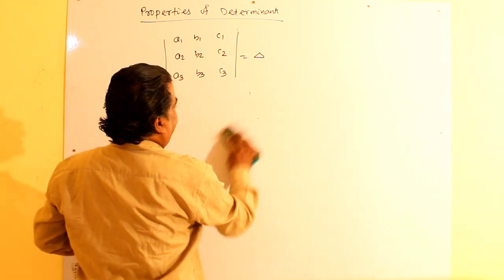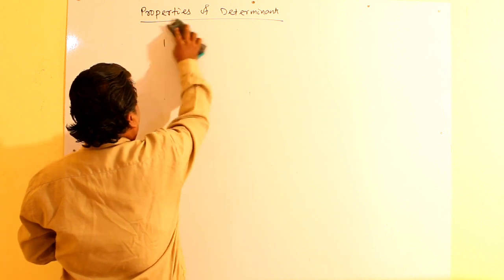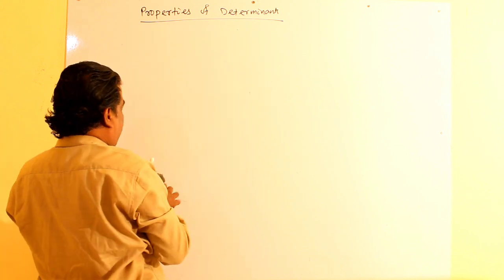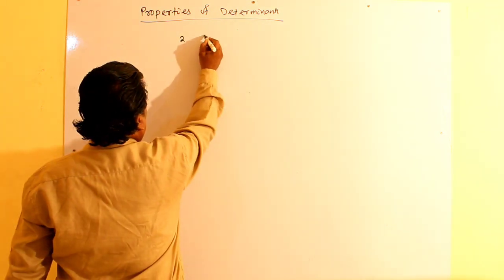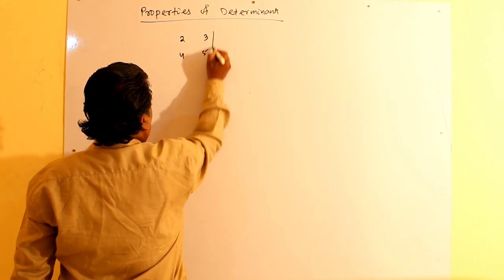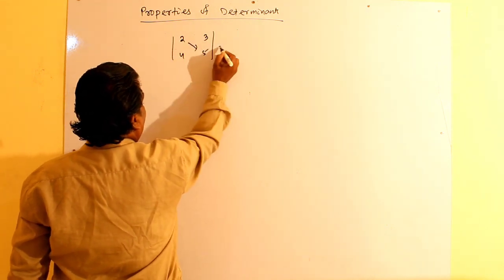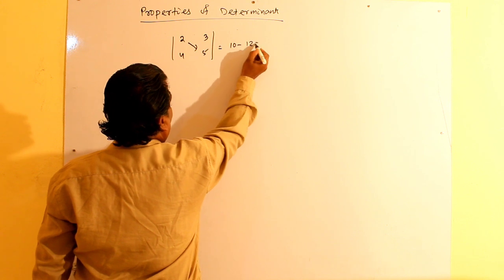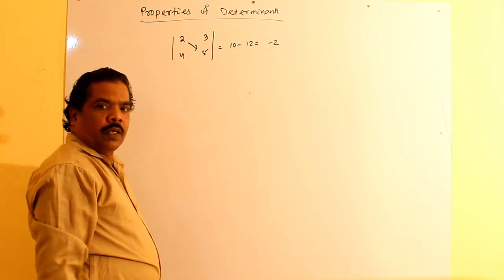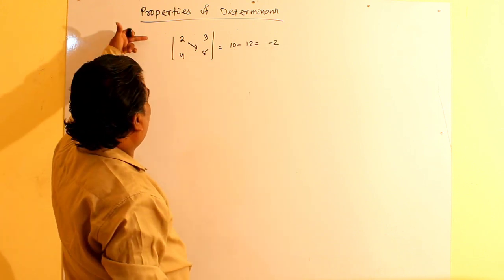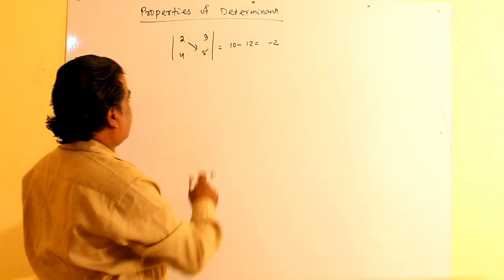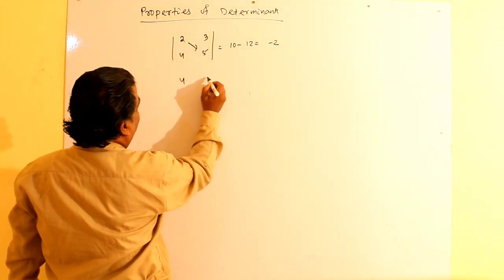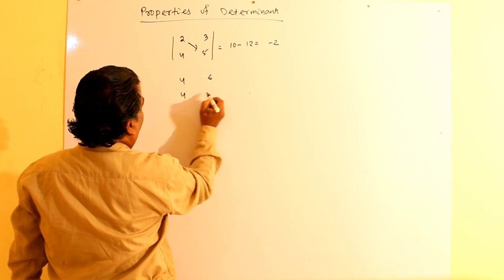Suppose a determinant of second order is equal to 2, 3 and 4, 5. Now the value of the determinant is 10 minus 12, that is minus 2. Now we increase row 1 two times, that is equal to 4, 6 and 4, 5.